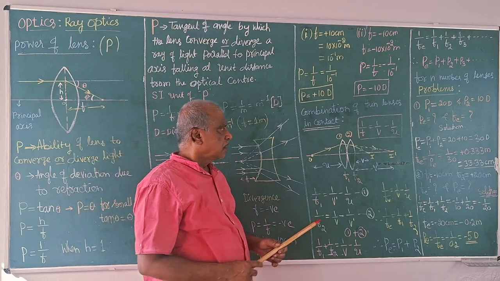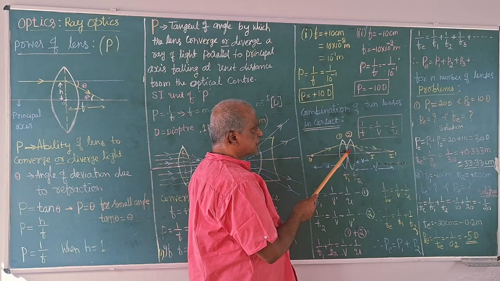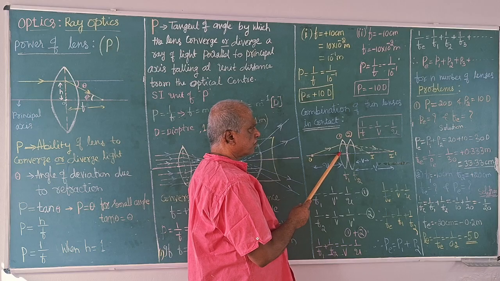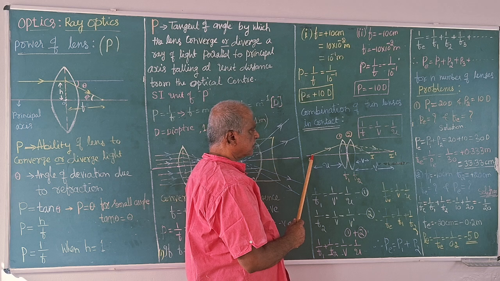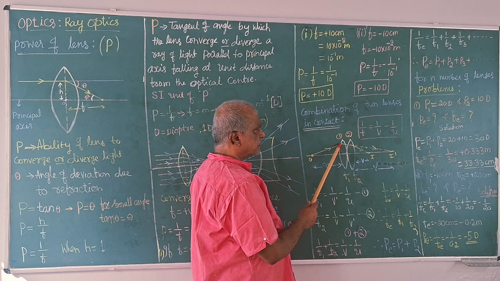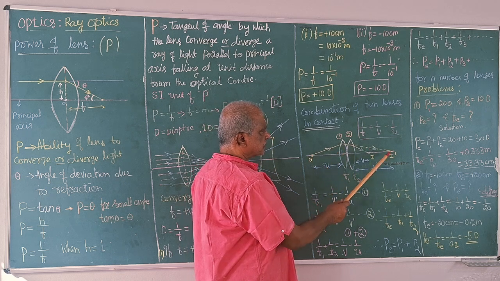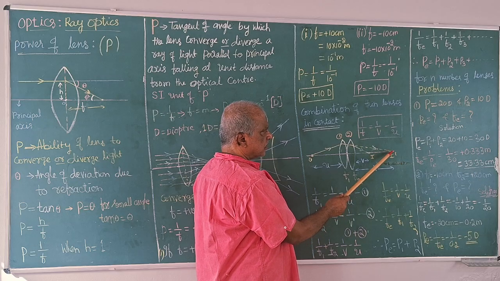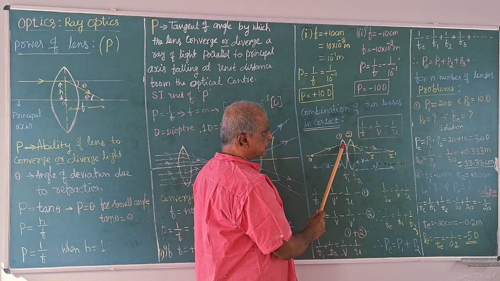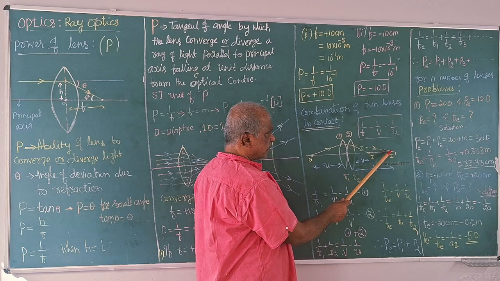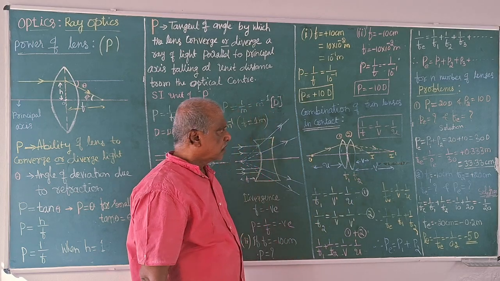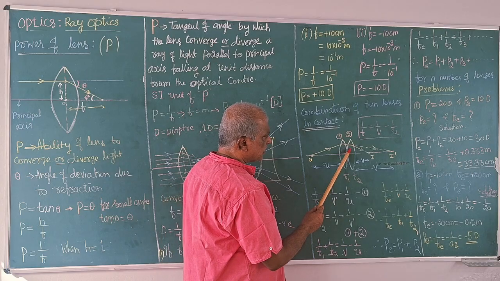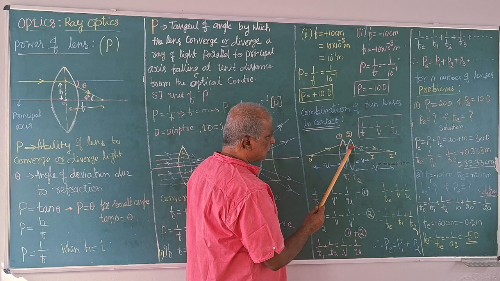Here I have taken lens 1 and lens 2 as convex lenses. Since it is a converging lens, the object is here. After the refraction by the first lens, we get the image here. The second lens is placed here, so after the refraction, it undergoes further refraction.